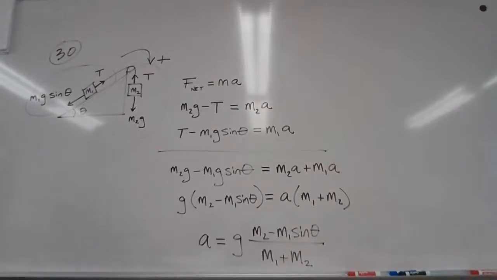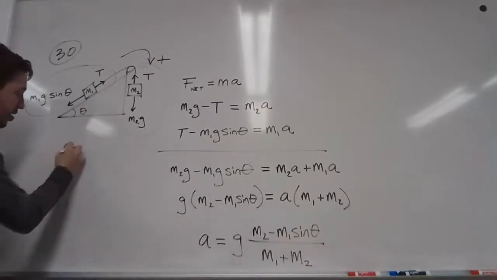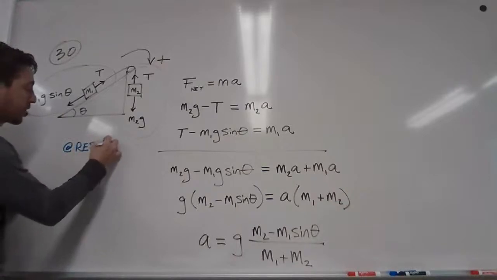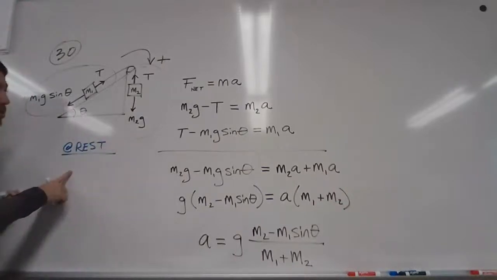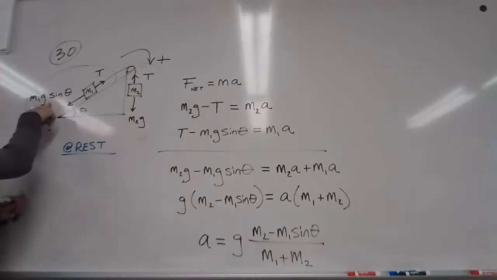Okay, so then part B says what condition is necessary for the system to remain at rest? So the at rest condition, is there a simple way to write it? I just put their gravitational forces have to cancel each other out. Yeah, this would have to equal this, right?